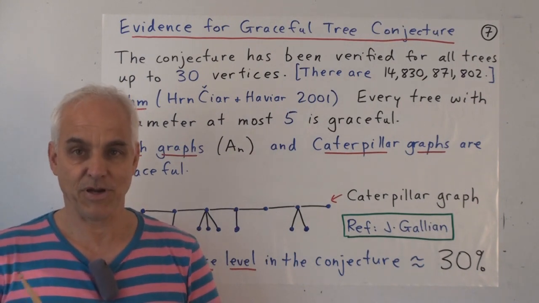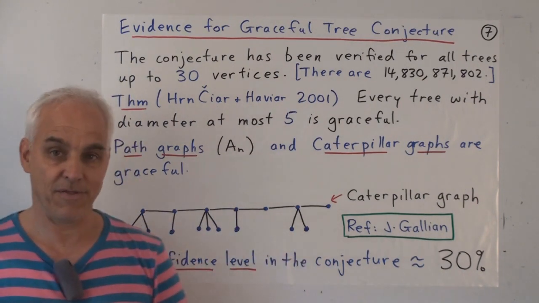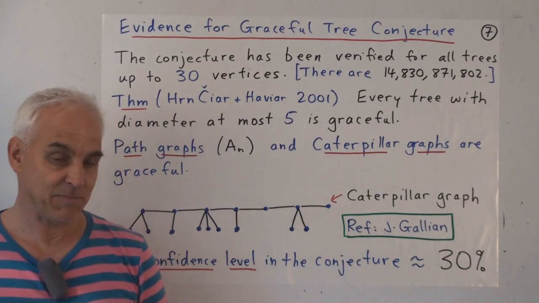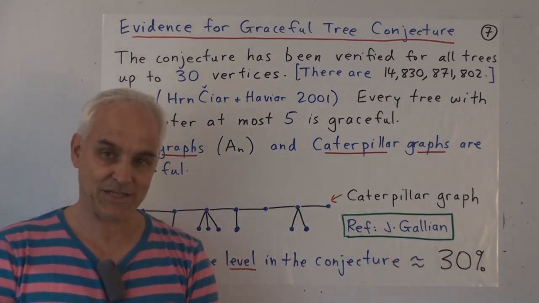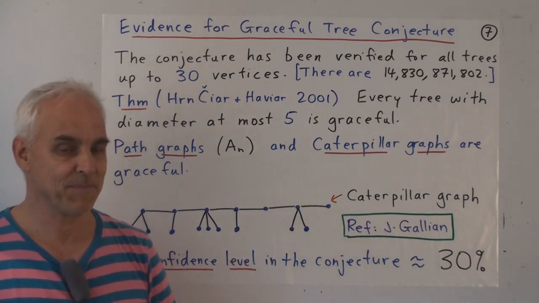I'm not at all an expert in graph theory, and I have not worked at all on this problem, but I have a sneaking suspicion that this conjecture might not be true. So my confidence level in the conjecture is not all that high. I would not bet my money on it. I give it a roughly 30% chance of being true, very, very roughly.